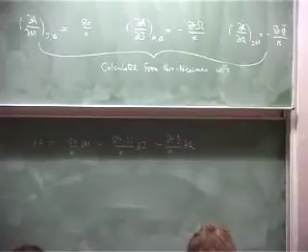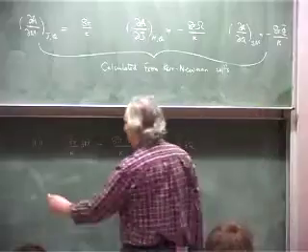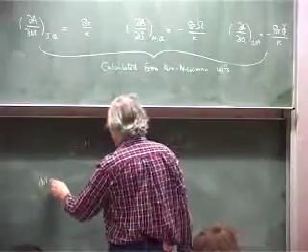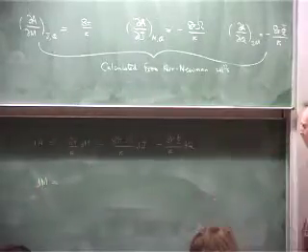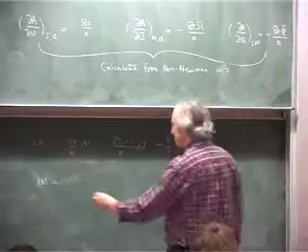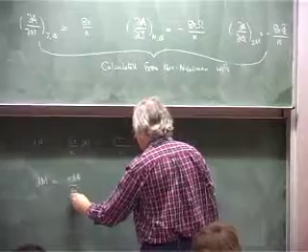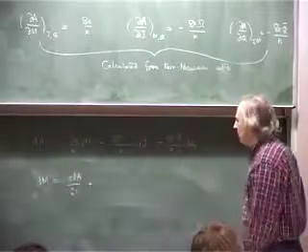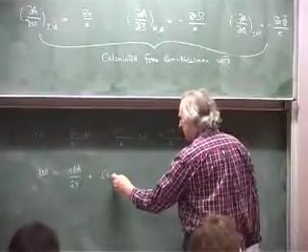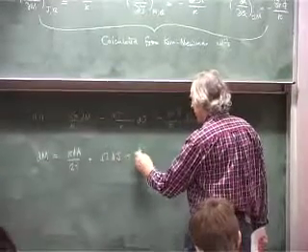Now what you do is you multiply by kappa over 8 pi and write this in the form dm is equal to something. What do you get? Well, you get kappa dA over 8 pi plus omega dj plus phi dq.